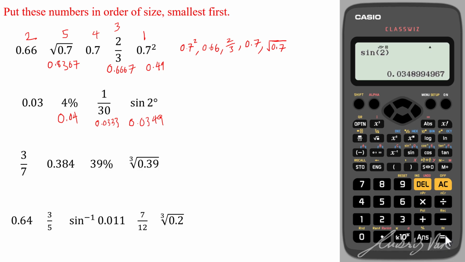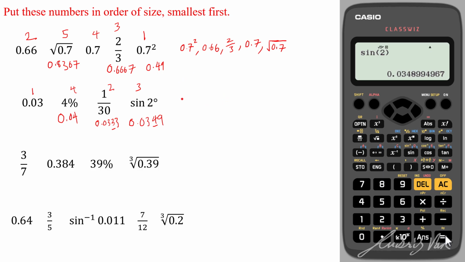I will round it up here, 9. Okay, so smallest number is 0.03. Next is 1 over 30. And because 3 is smaller than 4, sine 2 degree is the third one, and the largest is 4%.